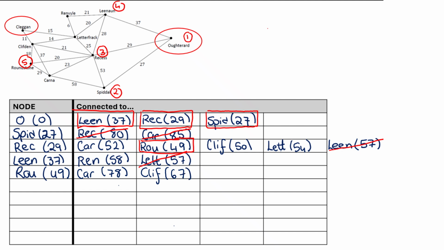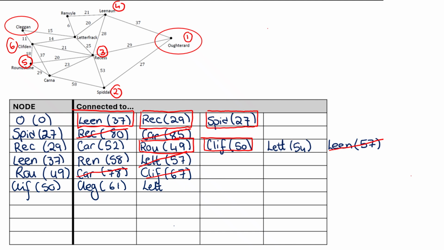I think we have some duplicates. Yeah, both of these are actually duplicates, so we're not going to keep either of them. Our next smallest is going to be Clifton this way. We put that in here, and that becomes node 6. That's connected to Cleggan, the one we want, with an additional 11.